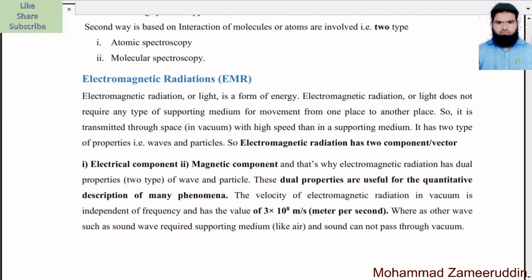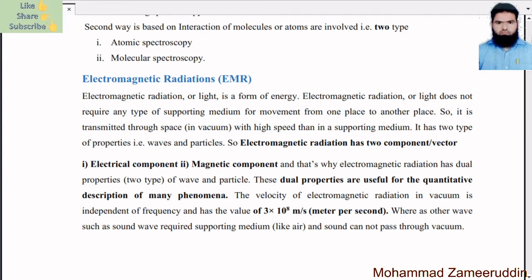It has two types of properties, electro and magnetic. Since its name is electromagnetic, it means that these radiations have two components, or two vectors. One is the electric vector and the second is the magnetic vector. Due to the electric vector, the radiations have electrical properties, and due to the magnetic vector, the radiations have magnetic properties.